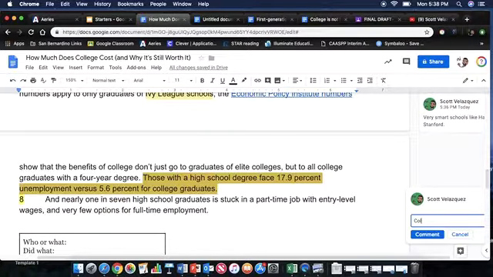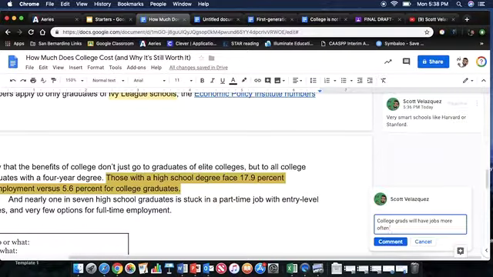College grads will have jobs more often. High school grads will be out of work more often.